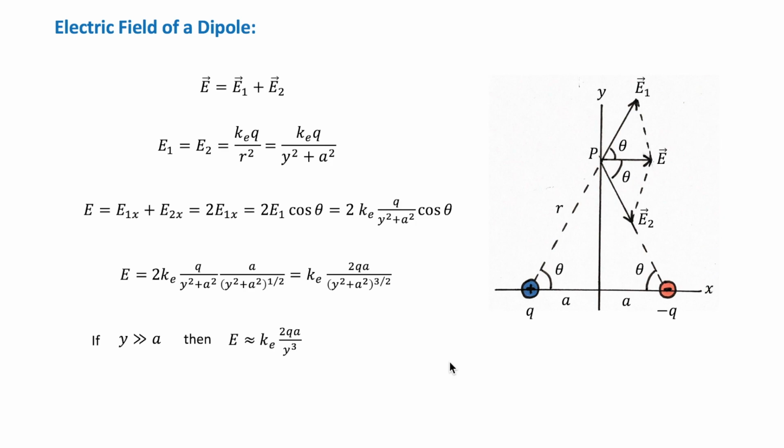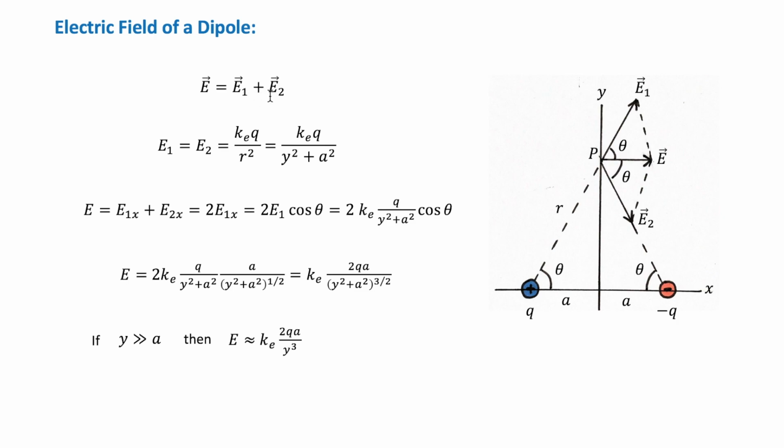So for example here, since plus q is equal to minus q, the magnitude of E1 is equal to E2, okay? Why? Because P is at the same distance from both the charges, which is the distance r. And so the total field at P is E equal to E1 plus E2.